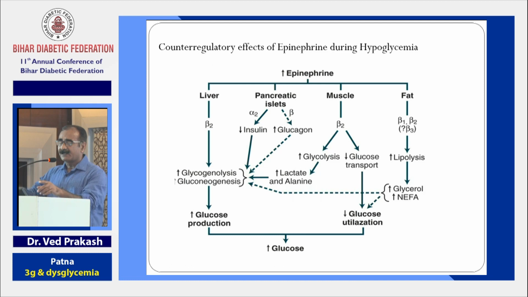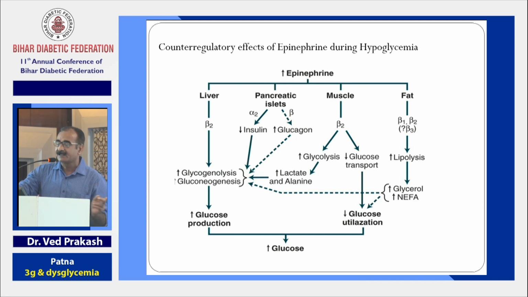Now coming to one slide about the catecholamines, like epinephrine. Epinephrine is basically secreted by adrenergic stimulation, and this epinephrine acts on the liver, where it promotes glycogenolysis and gluconeogenesis. On the pancreatic islet cells, it decreases the secretion of insulin and increases the secretion of glucagon.